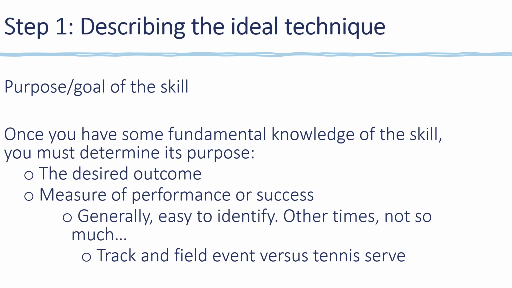Sometimes the purpose is really obvious and easy to identify. For example, the outcomes of all track and field events are determined objectively by answers to questions like how fast, how far, how high. Other skills are not so obvious. The purpose of a tennis serve or a triple axel might be a little less clear.